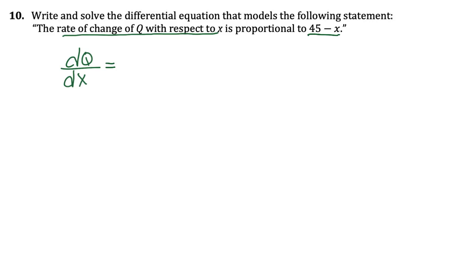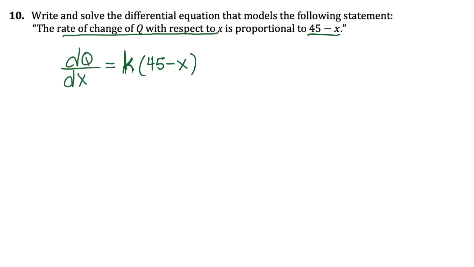So is proportional, now we don't know if it is inversely proportional or directly proportional, but we do know in proportions we have a constant rate of change, and that's k. So that constant of your change is going to be times 45 minus x.